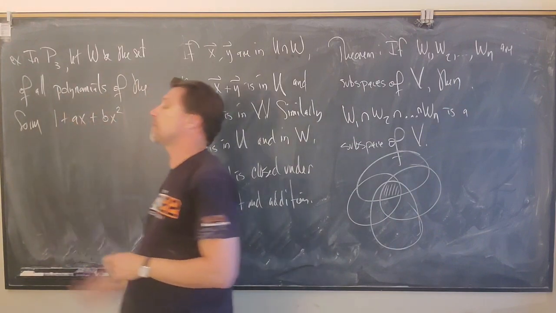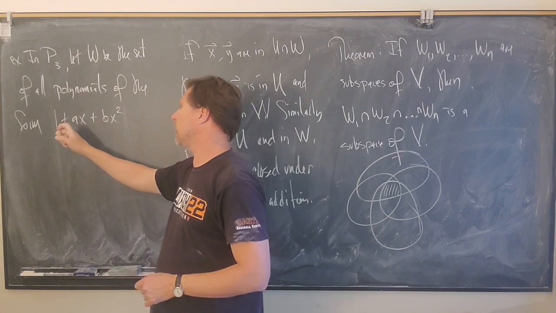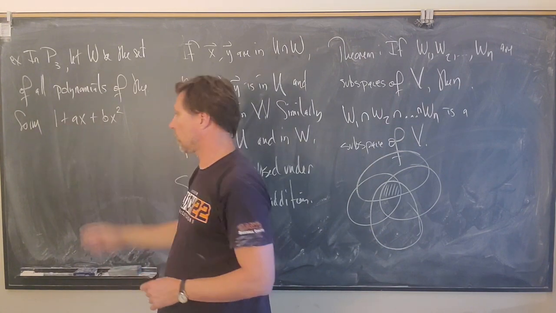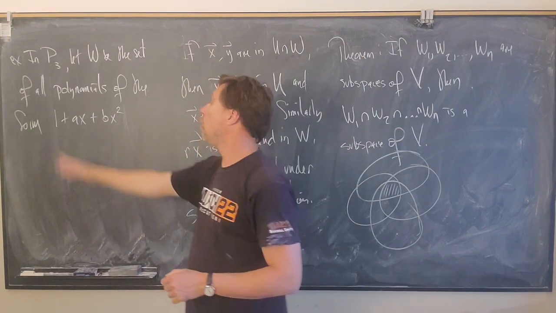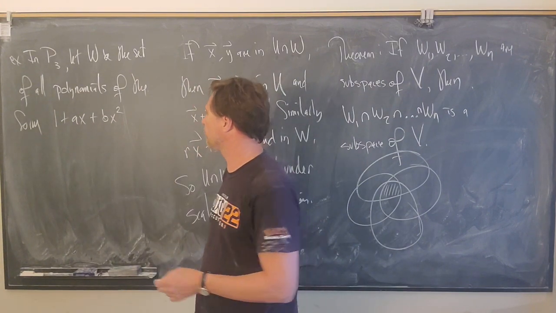So let's take all possible polynomials that look like this. So for example, 1 plus 1x plus 1x squared. There's one polynomial in there. 1 plus 2x plus 4x squared. There's an infinite number of possibilities.